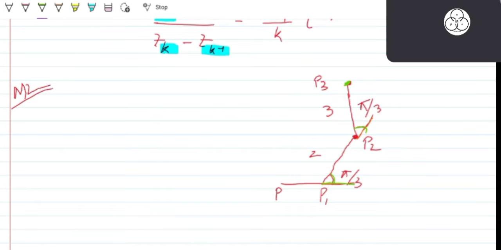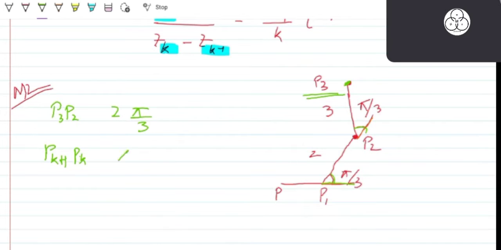The net angle rotated, the total angle rotated with respect to this line, for a more generalized point, let's say for P3 P2, how much have we rotated? 2 pi by 3, right? So for Pk plus 1, Pk, how much have we rotated? K or I, whatever variable we use, it doesn't matter.